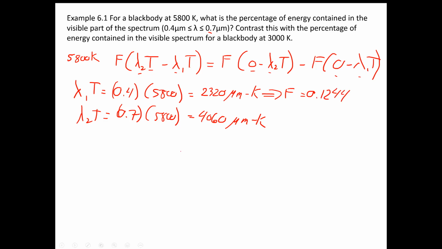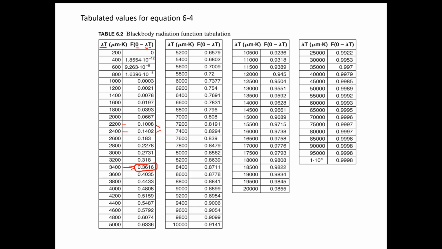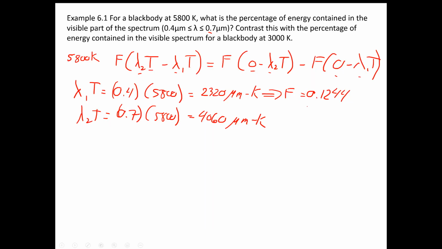And for 4,060, you would be somewhere between 0.48 and 0.5159. Again, if you interpolate there, you would get a value of 0.4913.